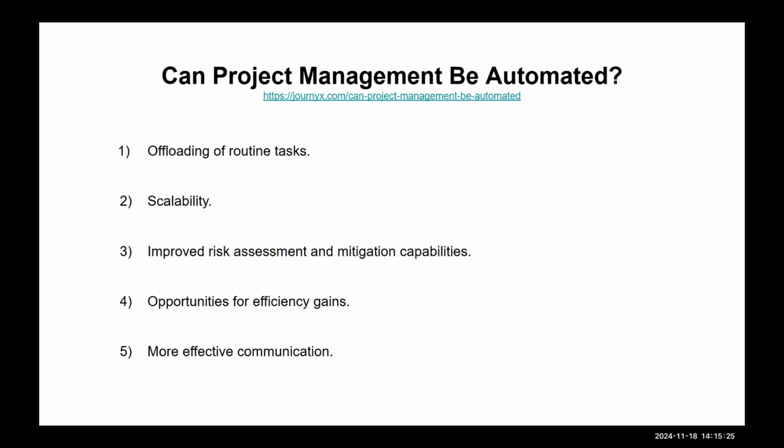So yeah. Last time we talked about project automation. This is from the last slide, so I'm just reviewing this. There are a lot of things about automation in project management we have to consider.